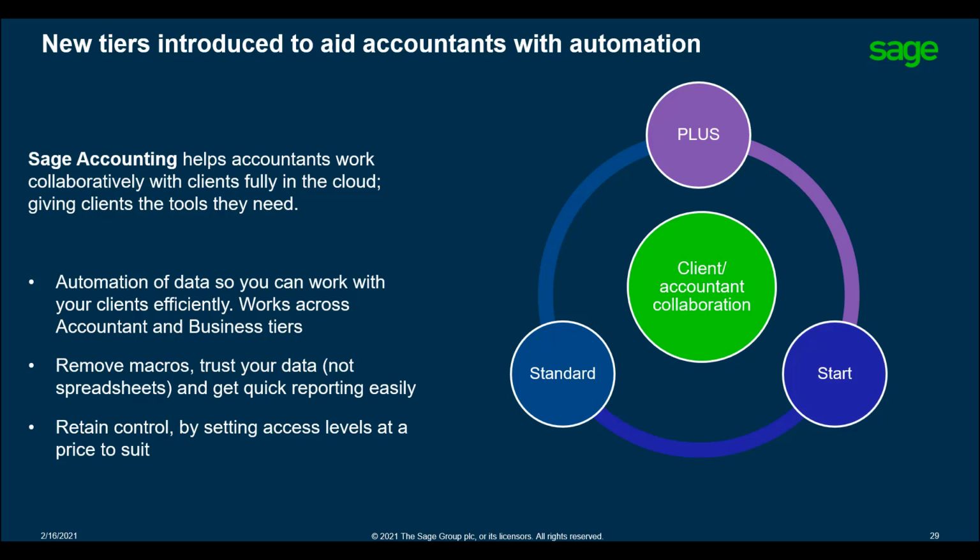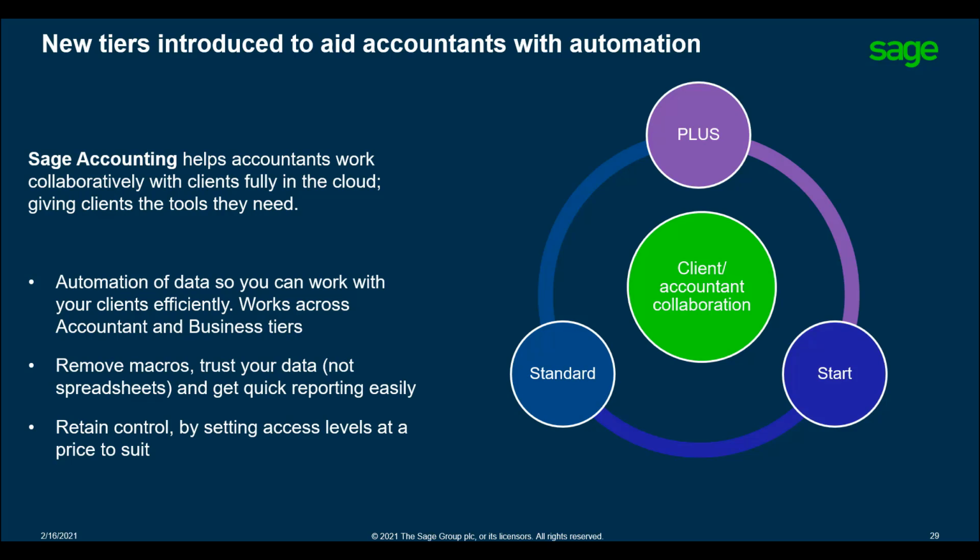We then have Accounting Standard, which is a powerful cloud accounting solution with invoicing and cash flow management. And finally, Accounting Plus, which is more enhanced, again, for small businesses who require foreign currencies or to manage stock.